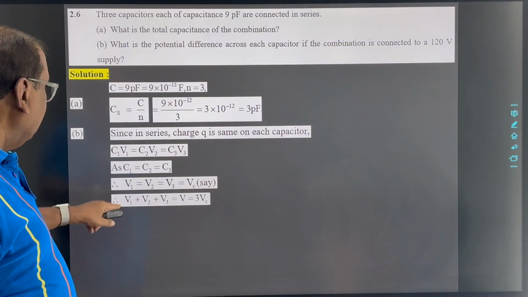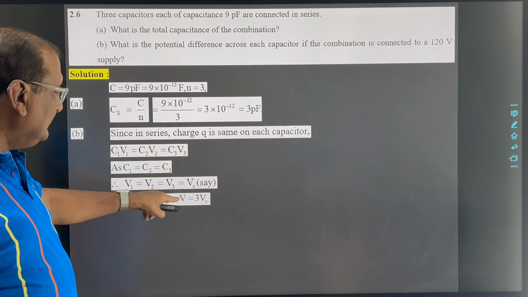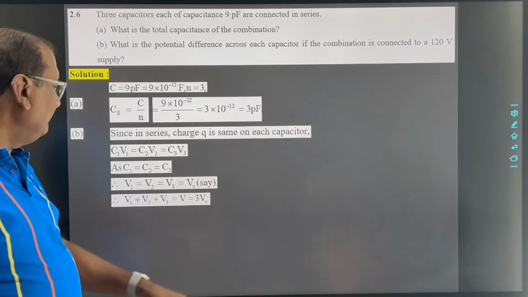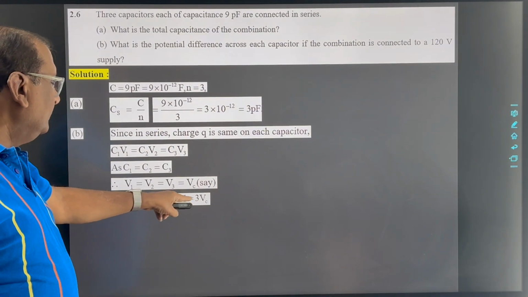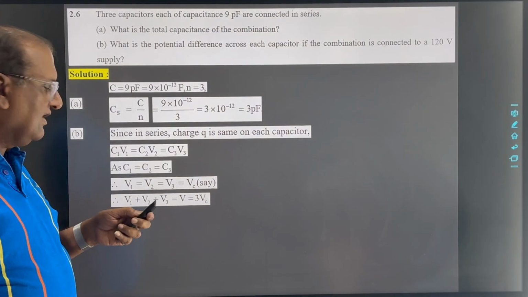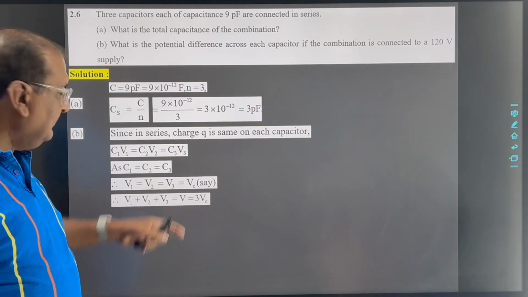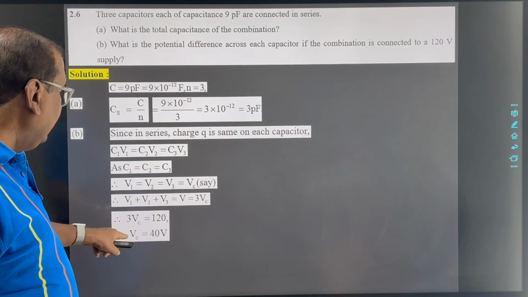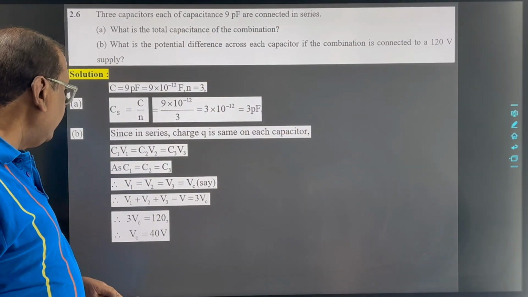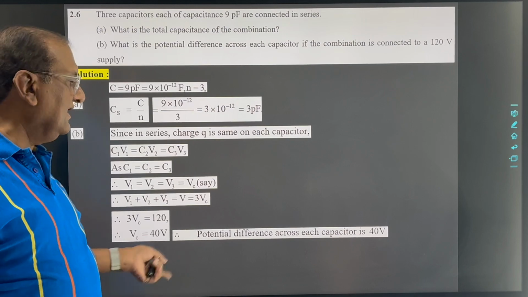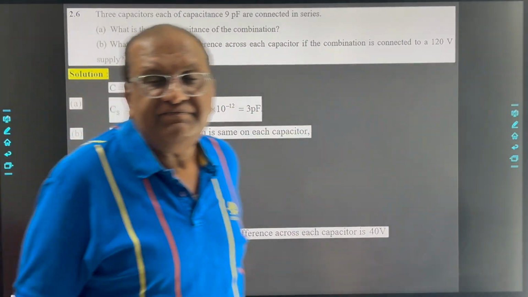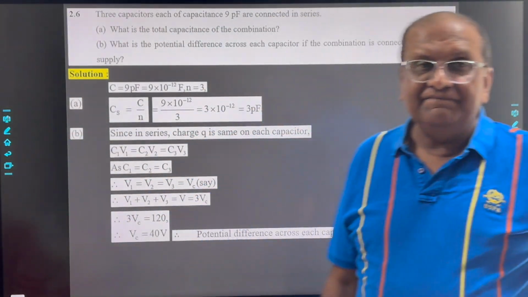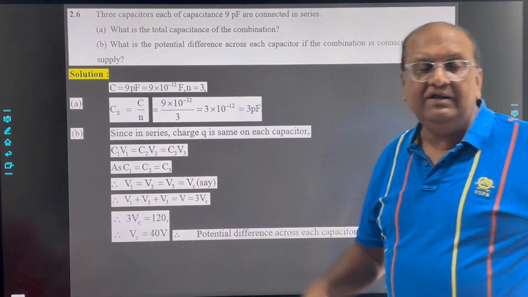So we can write V1 plus V2 plus V3, that is our resultant supply, equal to 3 Vc. So V equal to 3 Vc, where V is 120 volt. So 3 Vc is 120, so Vc equal to 40 volt. It implies that the potential difference across each capacitor is equal to 40 volt.